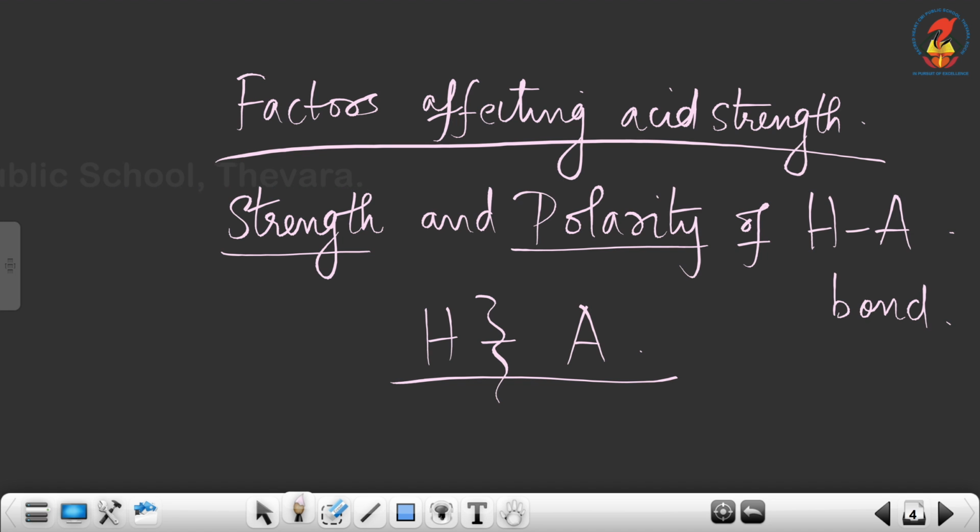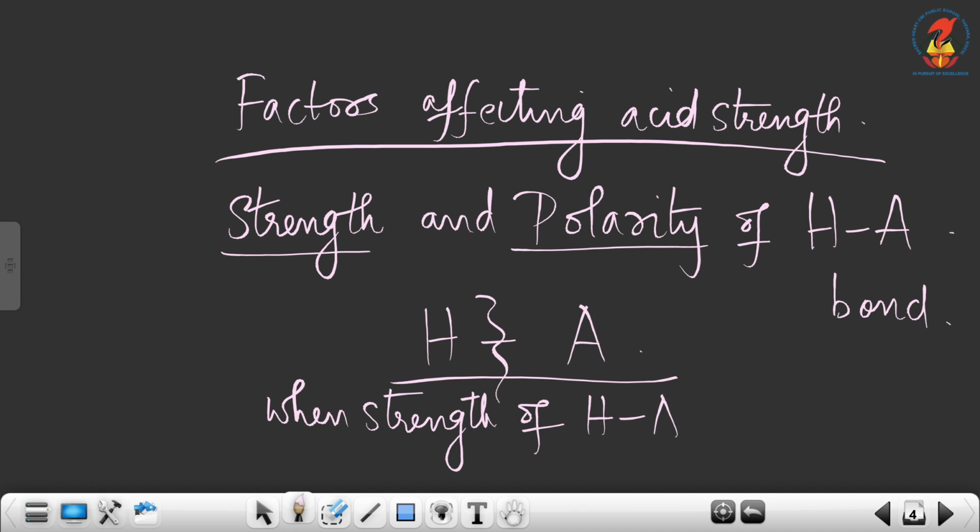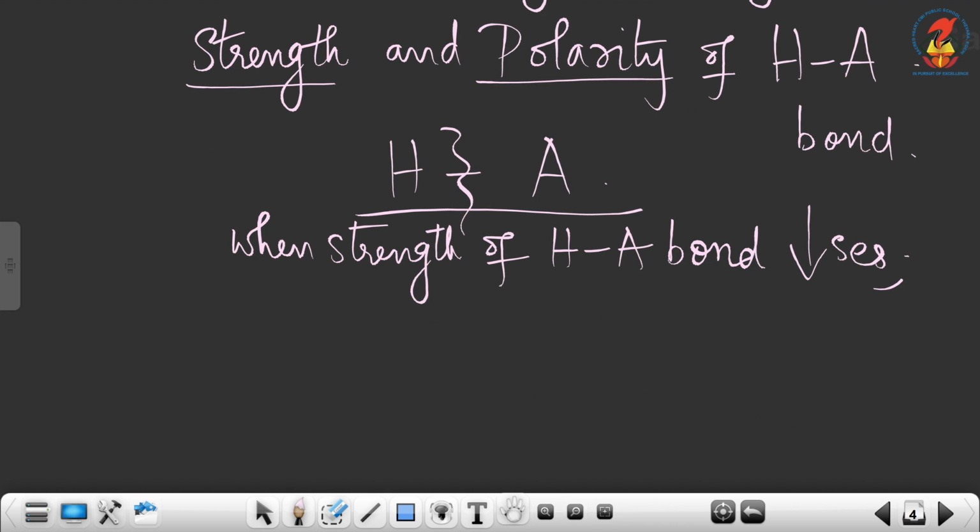So we can say when the strength of the HA bond decreases, acidity increases, or it becomes a stronger acid.